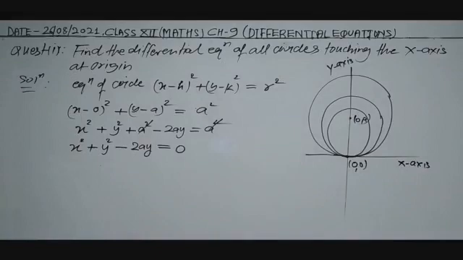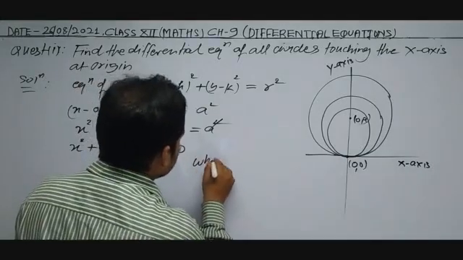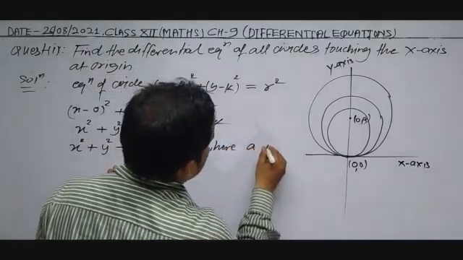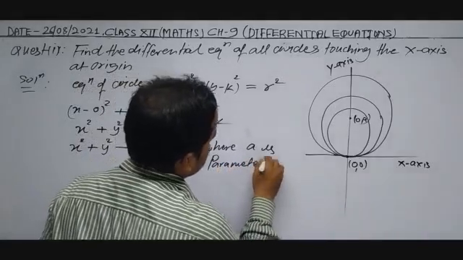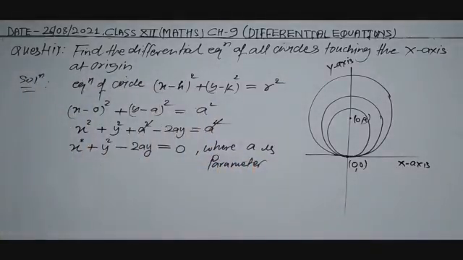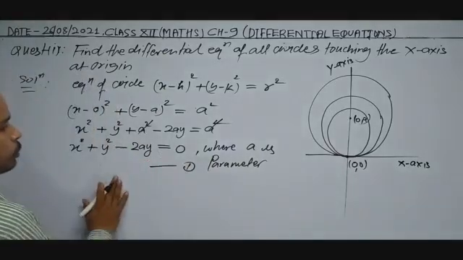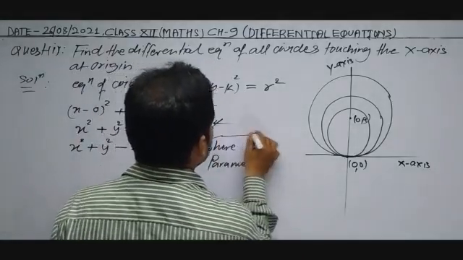Now we have to differentiate, where small a is the parameter. Suppose this is equation 1, and I am going to differentiate this.